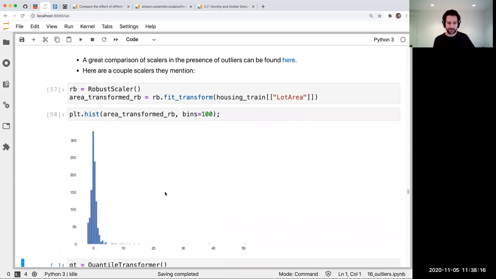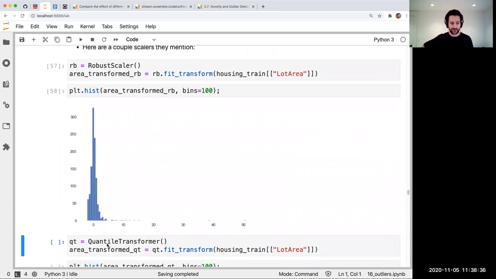So basically, it's taking the giant value of 200,000 square feet and leaving it as a giant value of 50, so that the bulk of the data is between like -3 and 3, like you would normally get with standard scaler, instead of everything being compressed by the presence of that outlier.